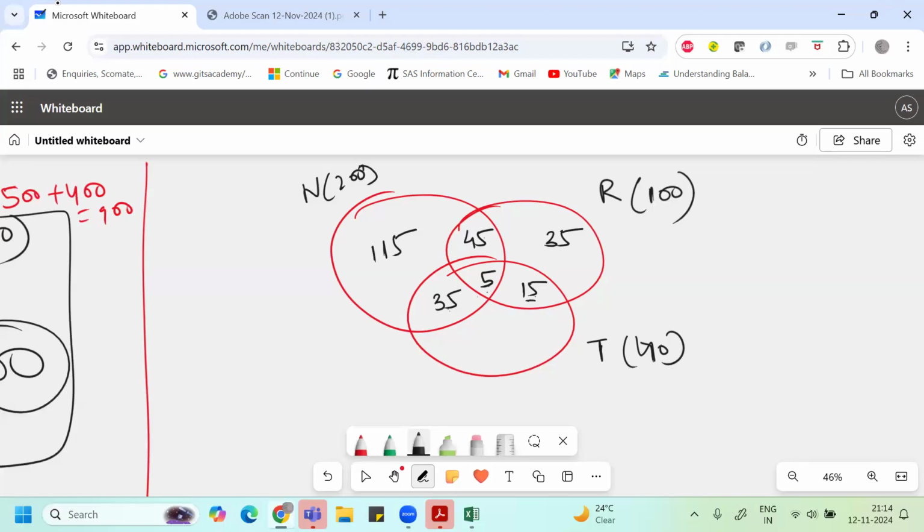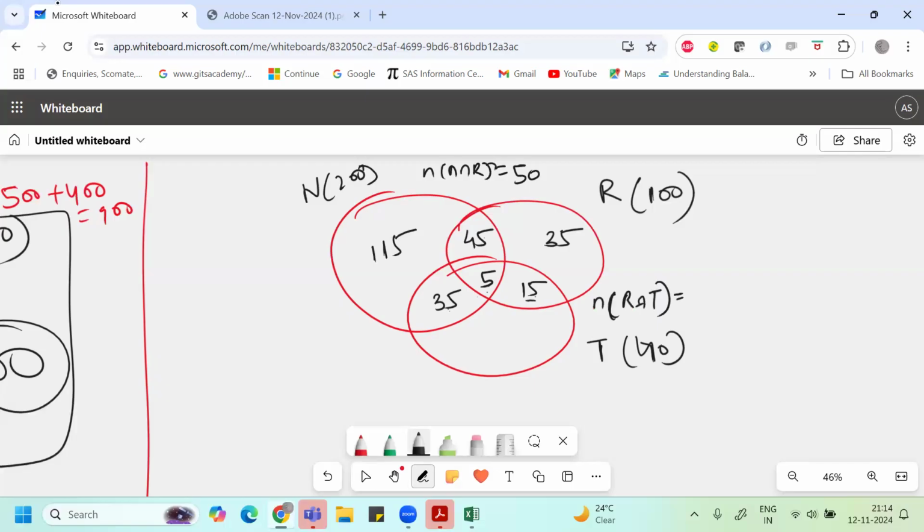This is 40, na? N is 40, and then this would be N intersection P. If you do it with the formula, then no problem. N intersection P, N intersection R, that is given to you. N intersection R is 50. Okay, and then N of R intersection P, I think there's a writing mistake.